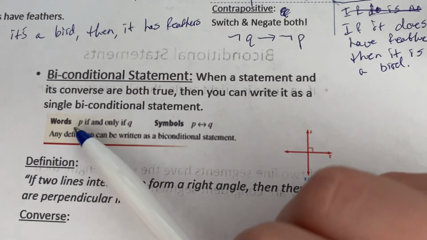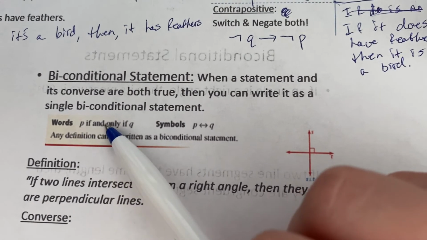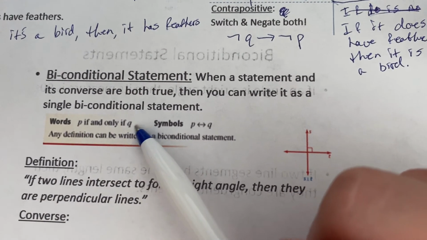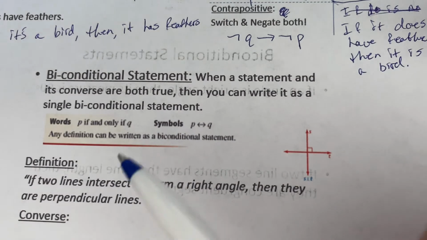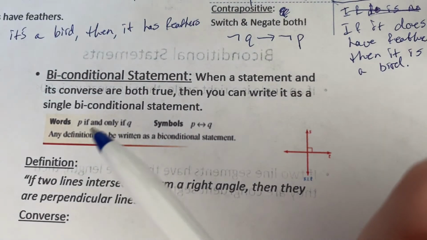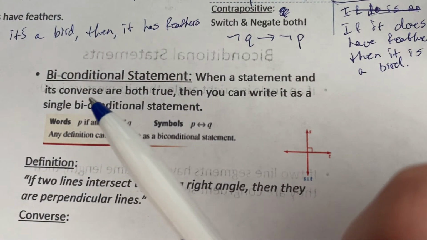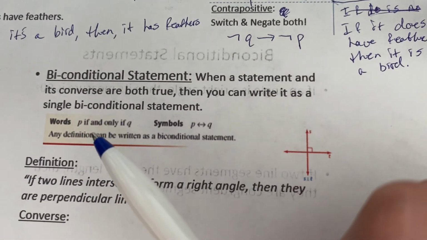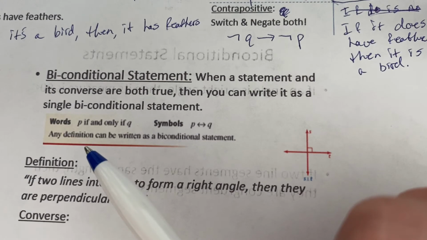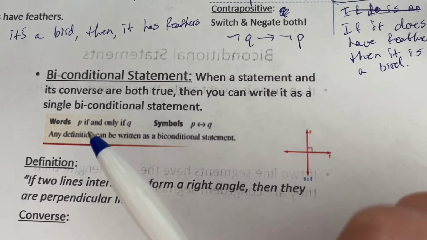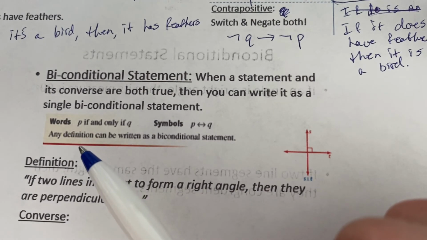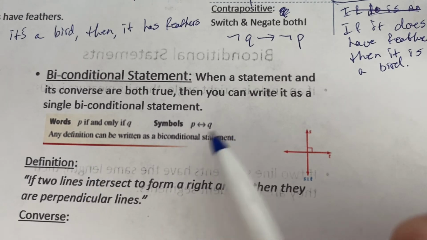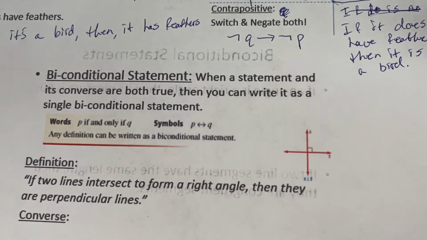So in words, it says if P, if and only if Q. Okay, so if you see those words, you may have seen them before in some kind of theorems or whatever, okay? But if you see those words, that means biconditional. Then these are the symbols that represent that.